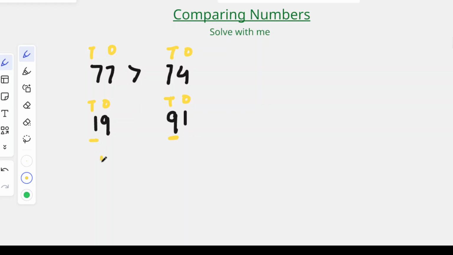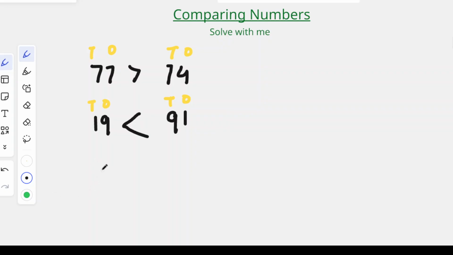So here we have 1 and here we have 9 at tens place. So 1 is smaller than 9, or you can say 9 is greater than 1, which means 19 is smaller than 91. Alright, or 91 is greater than 19. So this time the sign will be like this. Right?